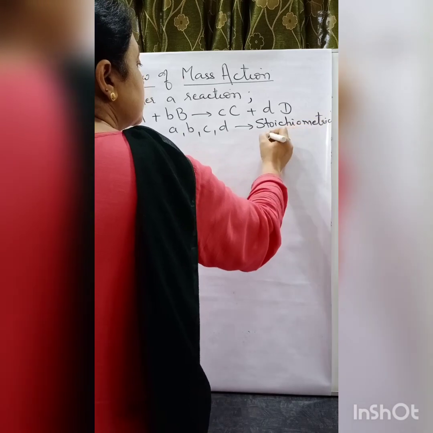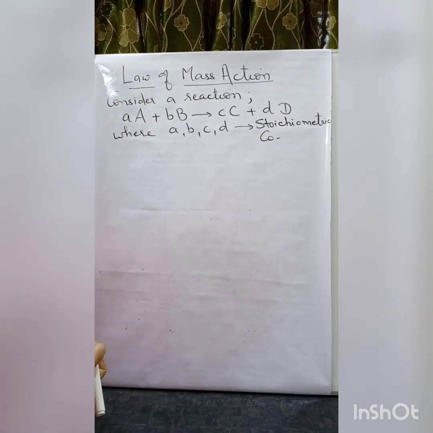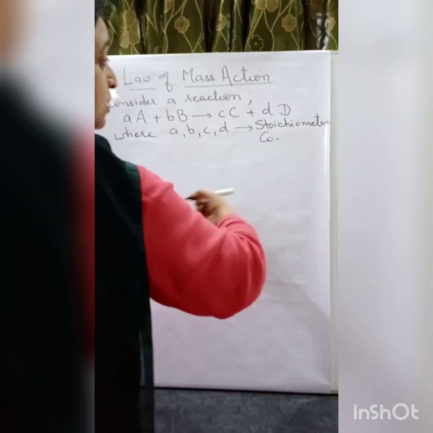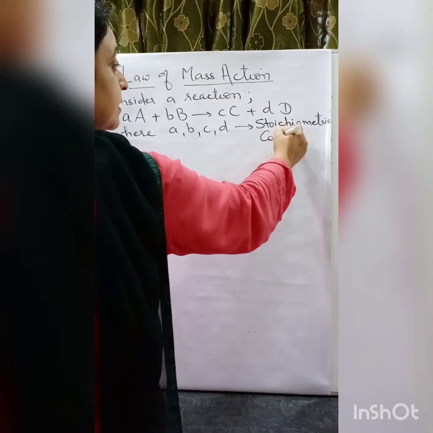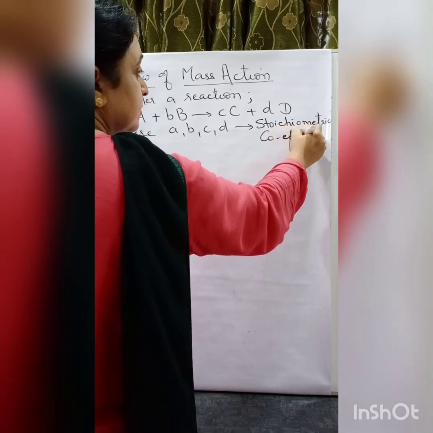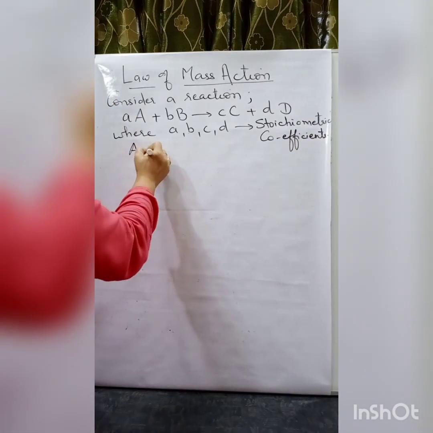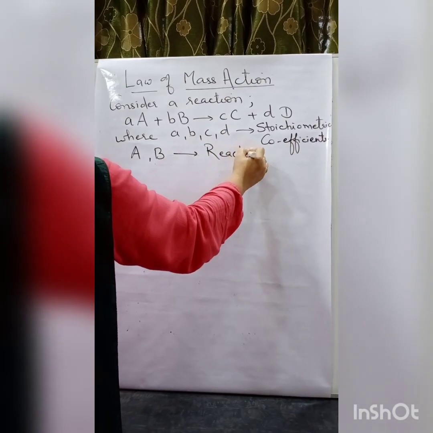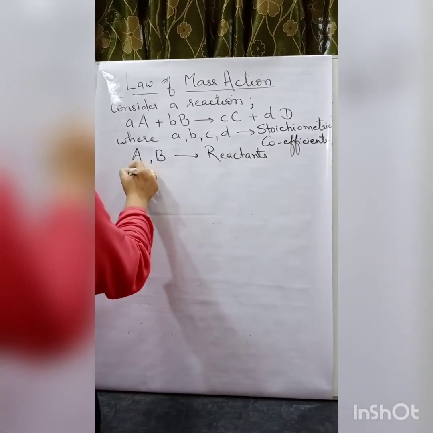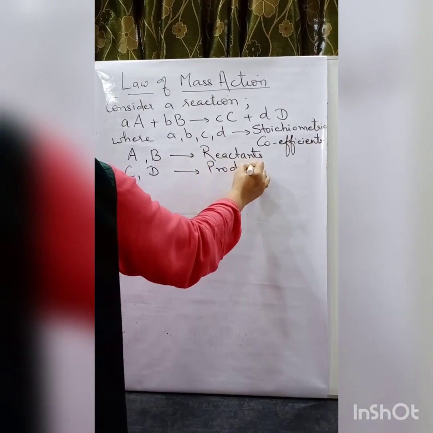You know the meaning of stoichiometry: stoichion means element and metry means to measure, that is, the measurement of the elements or substances involved in a chemical reaction. Capital A and capital B represent your reactants. Capital C and capital D are products.